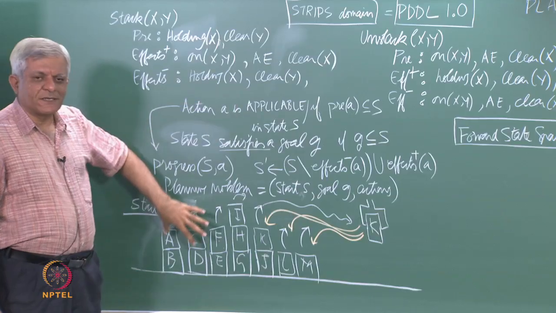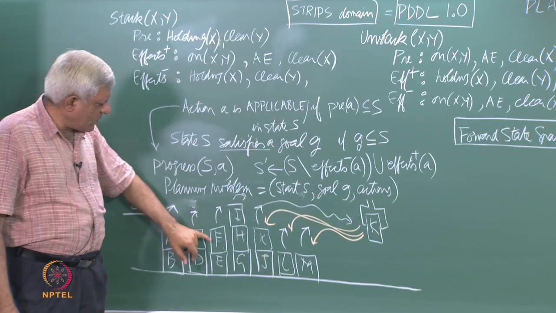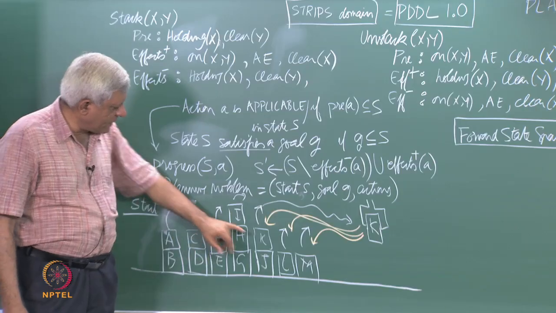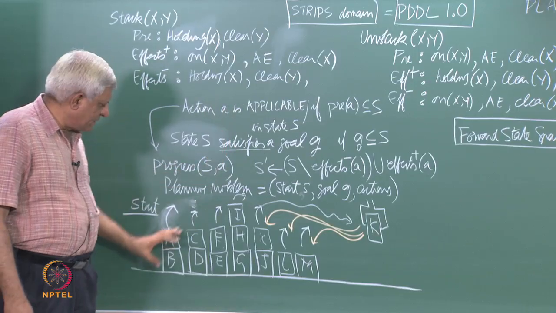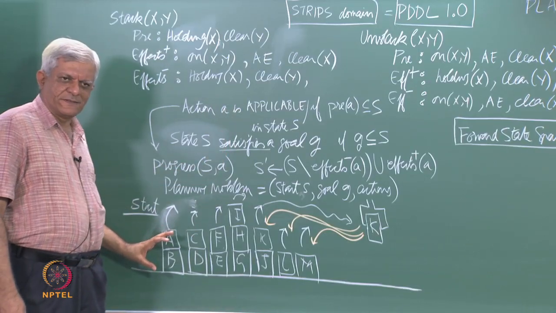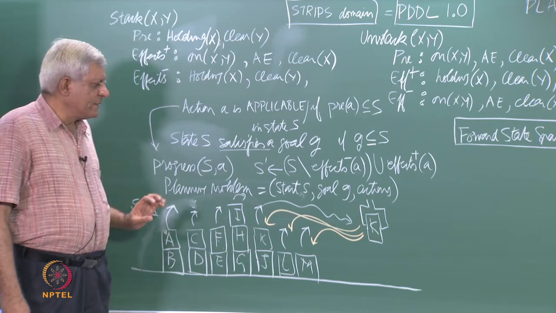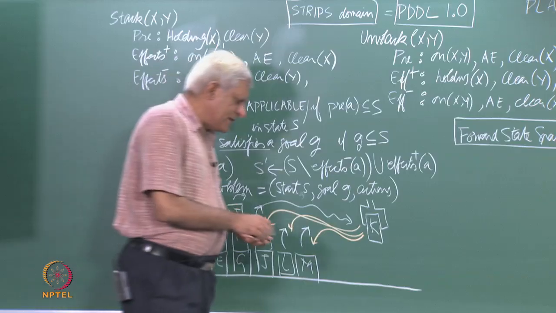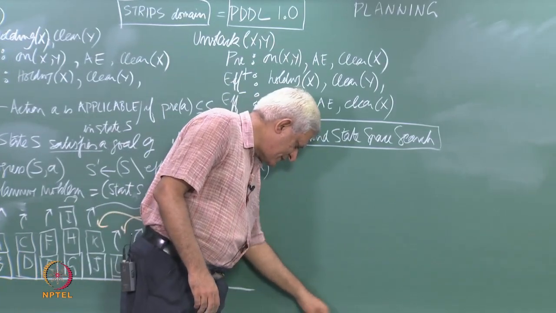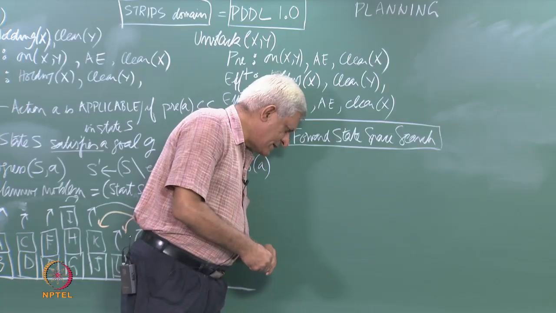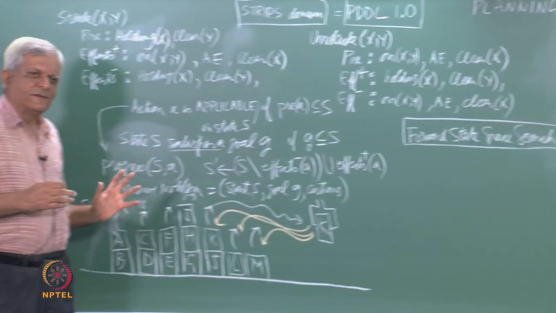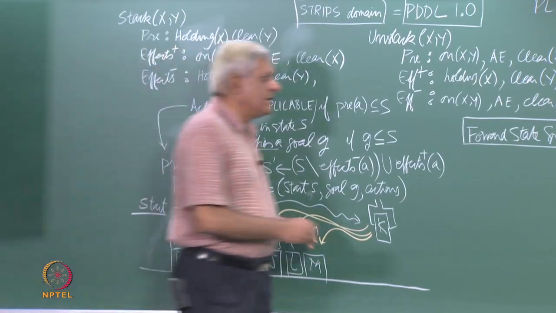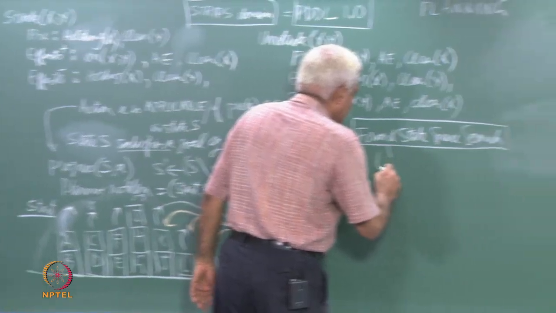When we look at this particular problem, we can see that there is no point in picking up f or I or k or L or m, because they are not going to help us achieve the goal, whereas something should be done on this part essentially. So, the problem with forward state space search, and this arises from the fact that the state description can be large, the number of applications can be large, is that there is a large branching factor.